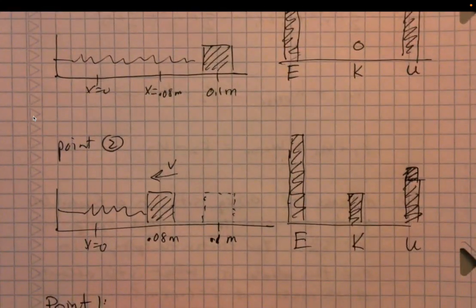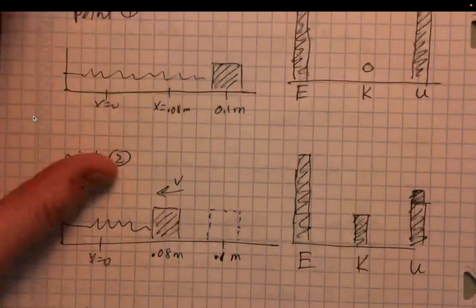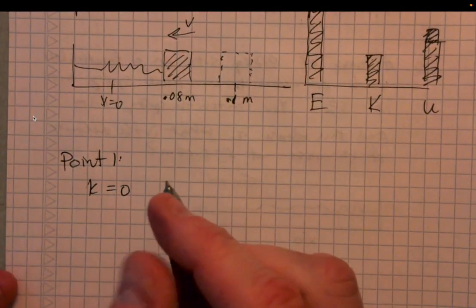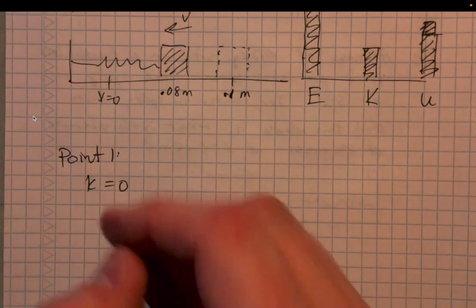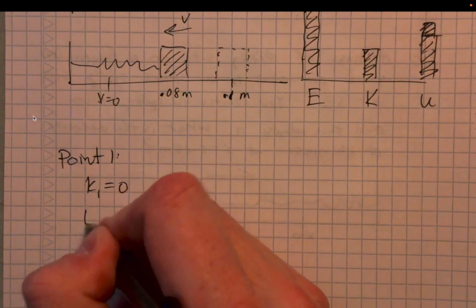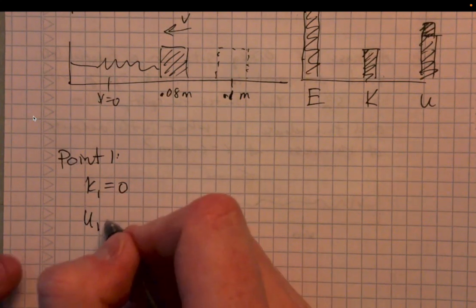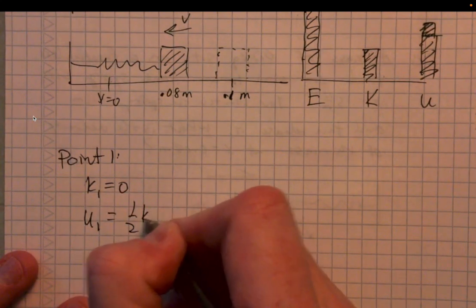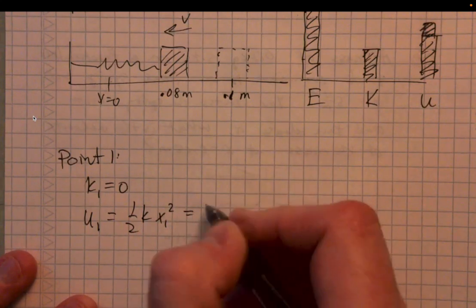We know that the kinetic energy is equal to 0 at point 1, so K1 is equal to 0. What's the potential energy equal to? What's U1? Well, it's 1/2 k x1 squared.